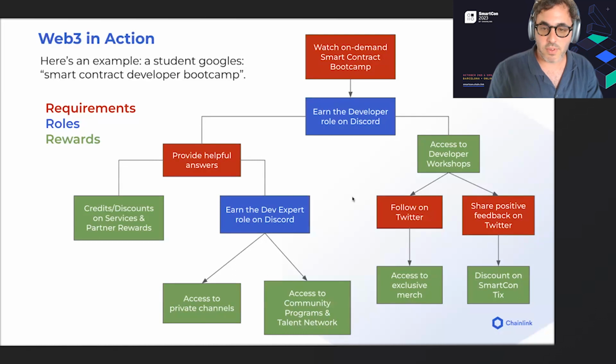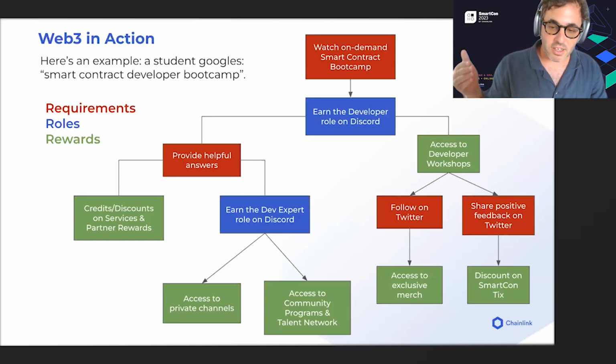So what I love about this flow is, one, anyone can participate in this. With Chainlink content, because we actually do translate our content into multiple languages, they don't even have to be an English speaker. So literally anyone in the world can participate in this program, and suddenly, if they do a good job, they're rewarded with access to our talent network.